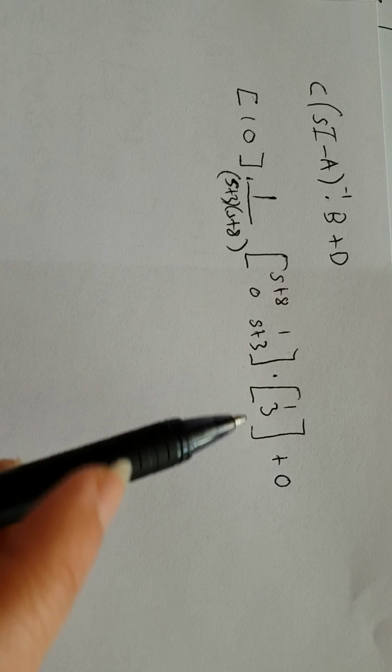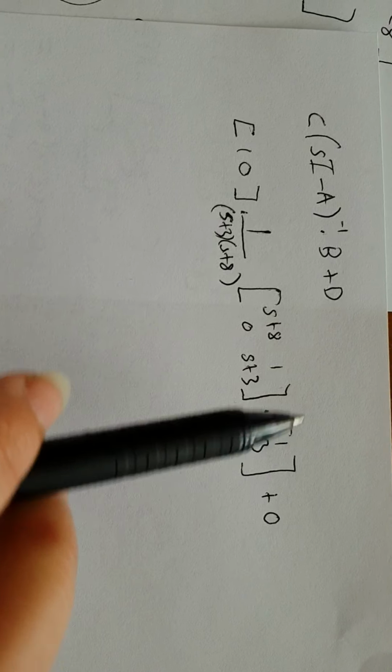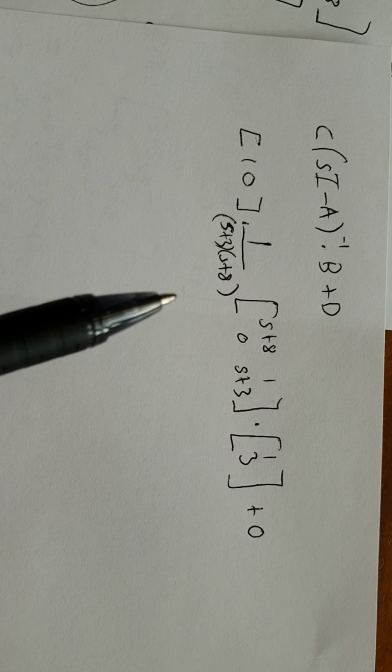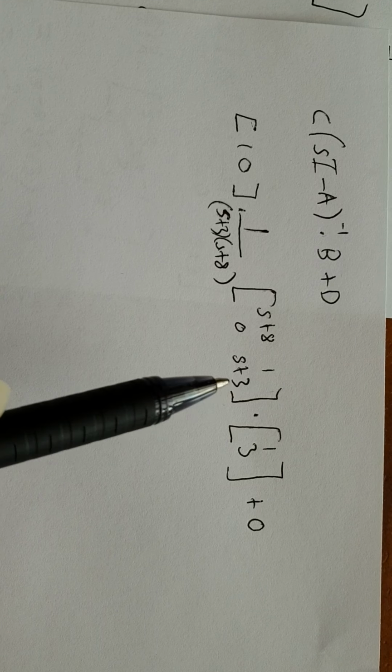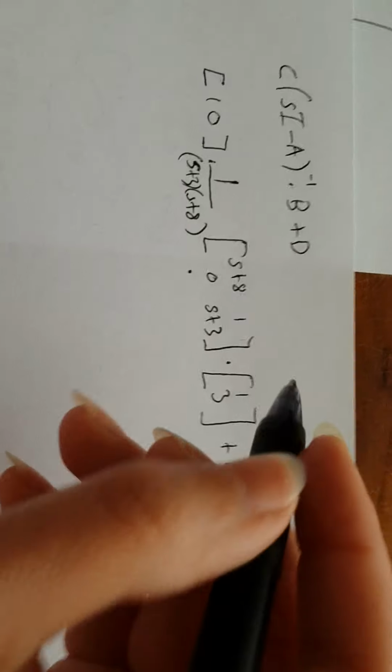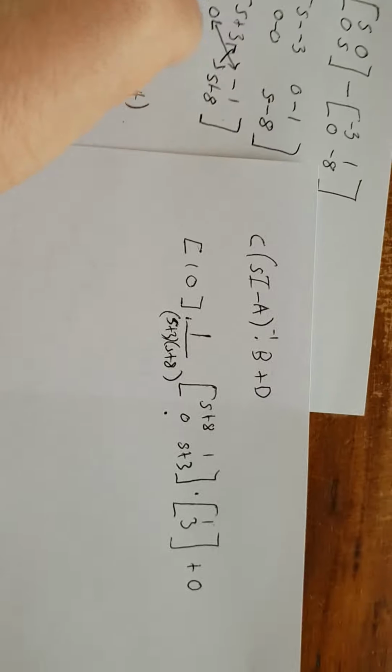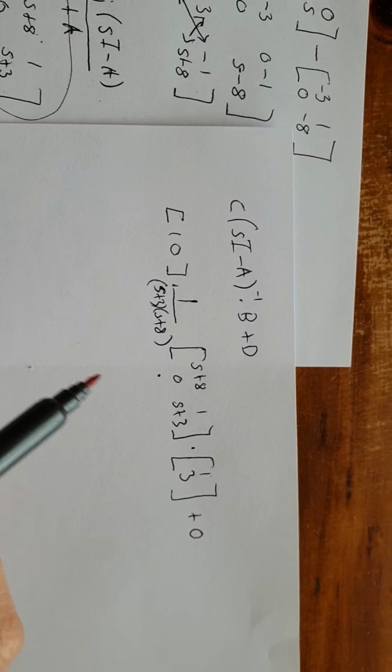So we can do this in a couple of steps so we don't get too overwhelmed with all the matrices and all the multiplications. So we're going to do just this B times the SI.